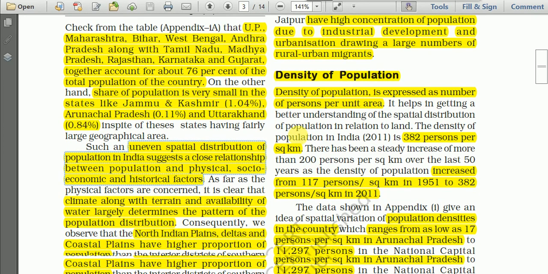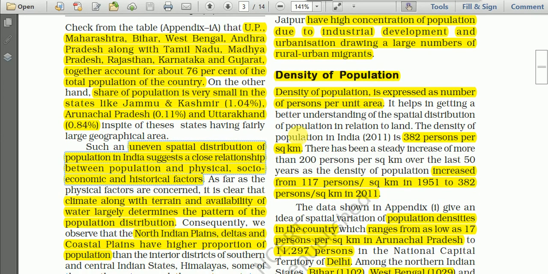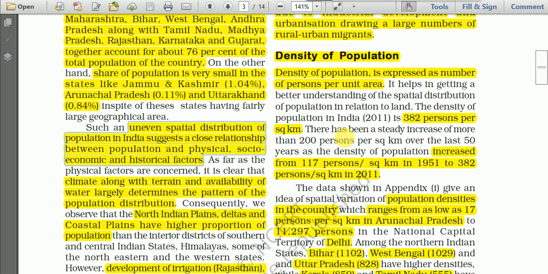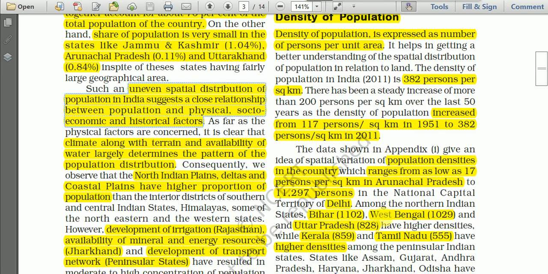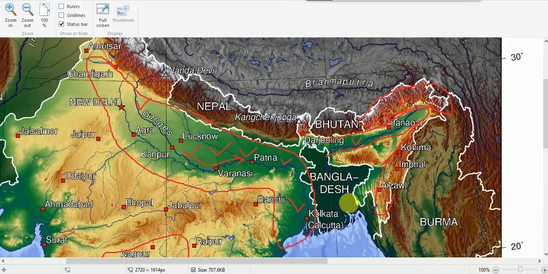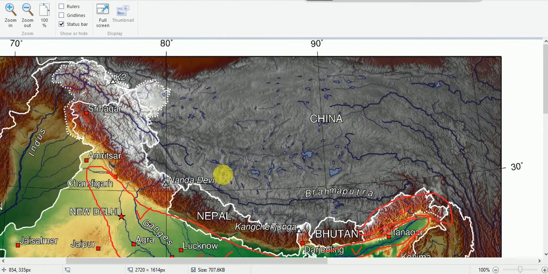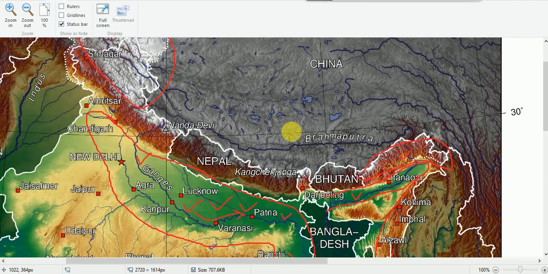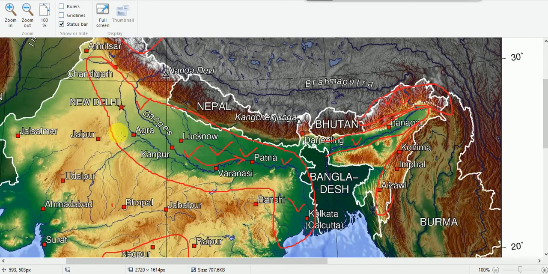When you analyze a distribution map, you may compare it with the physical map and also with the climate. See here, this area has a very harsh climate, very cold winters. Likewise Arunachal Pradesh is not only a mountainous state, the climate here is also very harsh, very cold.